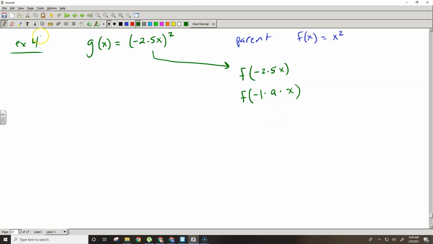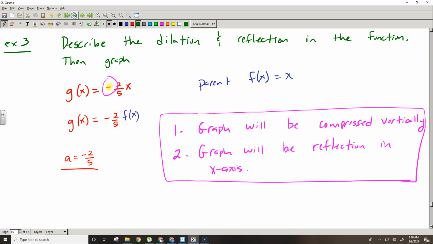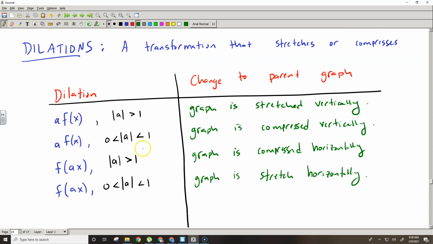Right, so if we look up our charts here, what kind of dilation do we have? Right, this is 2.5. Our a value, we can think of it as being 2.5. You can also think of it as being just -2.5, whatever the case is. If you go back to our chart here, this is going to look more like this one right here, okay?